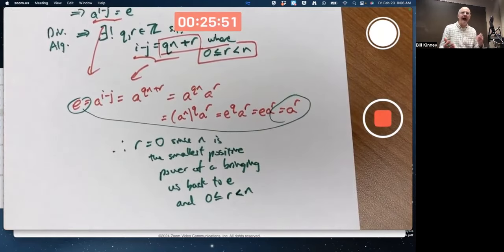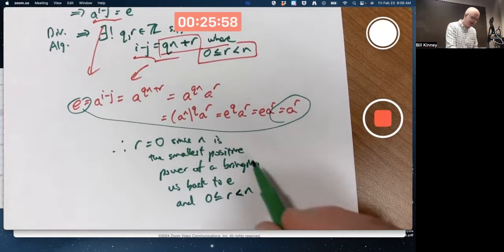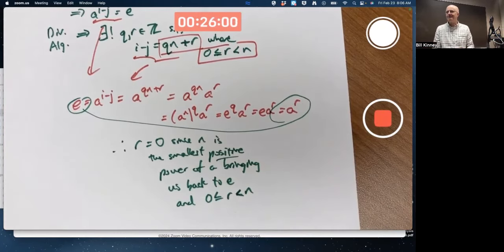The only way that's going to happen is if r is 0. Positive does not include 0. Positive numbers don't include 0. n is the smallest positive power. It's not 0, it's 1 or 2 or 3, etc., bringing you back to e.